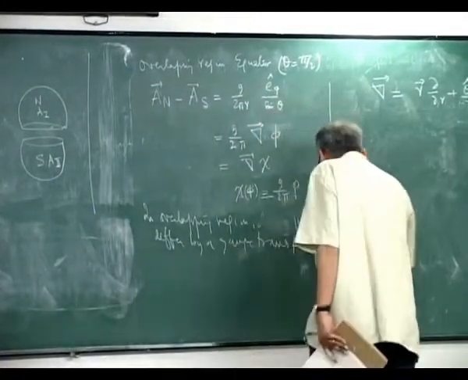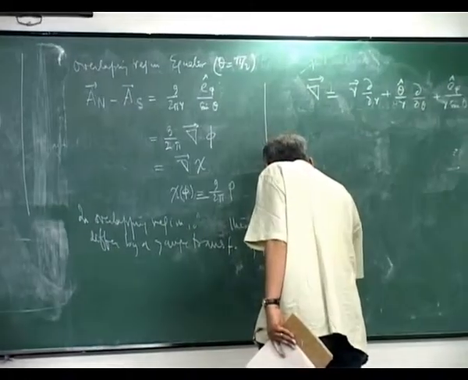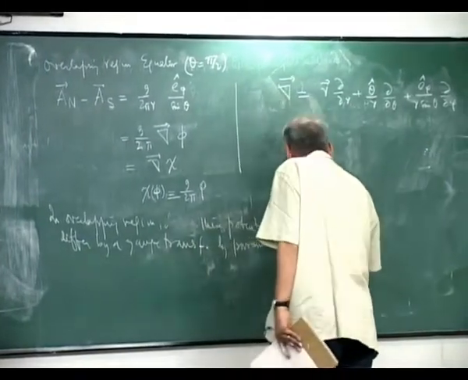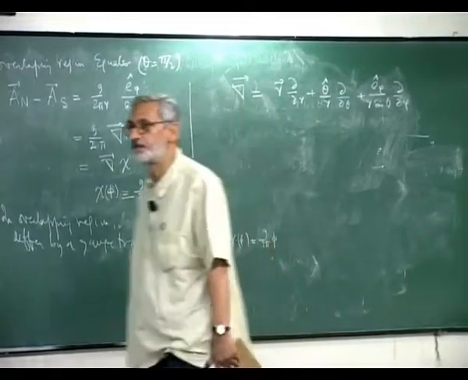Gauge transformation by parameter chi equal to g by 2 pi phi.